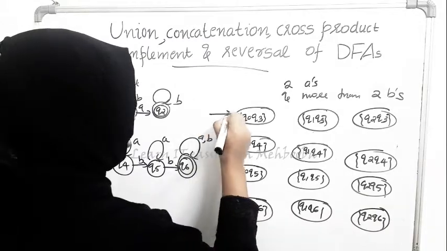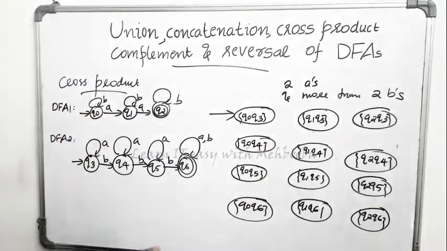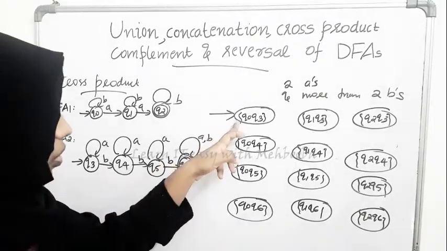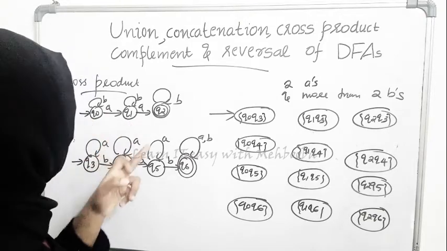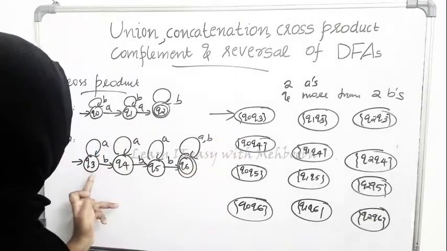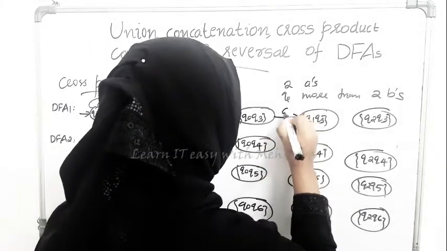So the Q0, Q3 state is the start state of the final DFA. Now we have to mark the rest of the transitions. From Q0 on A, there is a transition to Q1. Similarly, from Q3 to itself, there is a transition on A. So you can mark A here.